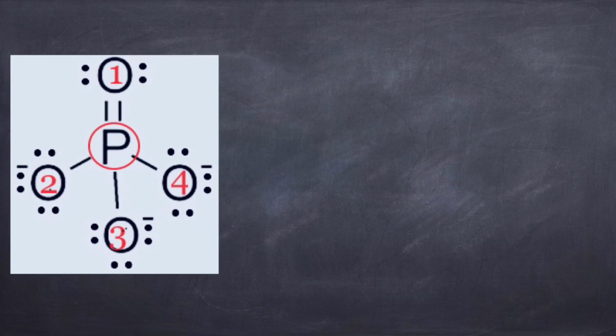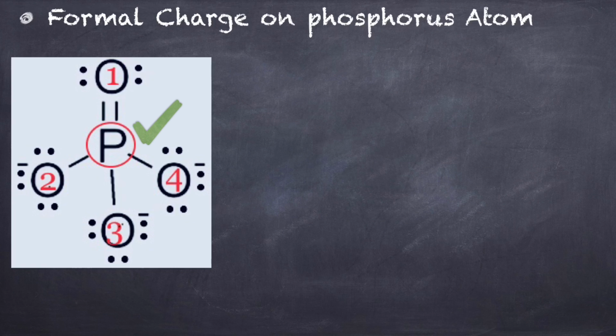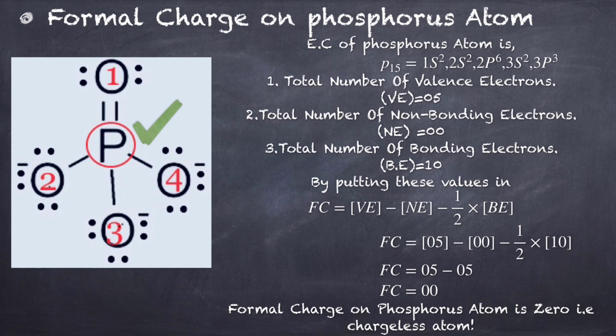Now, let us calculate the formal charge on the phosphorus atom. The atomic number of phosphorus is 15. Therefore, its electronic configuration will be 1s2, 2s2, 2p6, 3s2, 3p3. Therefore, 3s and 3p contribute to the valence electrons. So, the total number of valence electrons, that is Ve, will be equal to 5. The total number of non-bonding electrons, that is the number of lone pairs present on the phosphorus, equals 0.